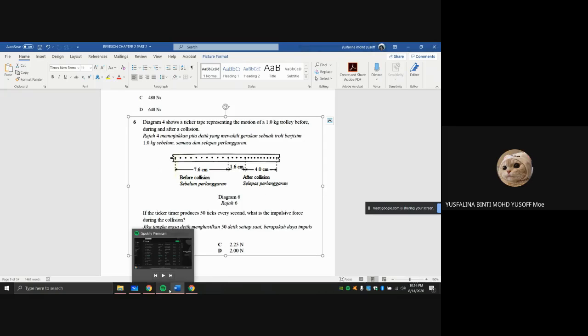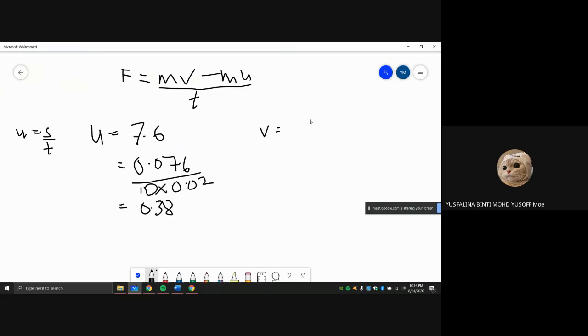Then tell me your V. Don't forget to change to meter first. 0.04, I think. The total time is 10 multiplied by 0.02, so you got 0.2. If you have a problem, then you stop and think using your mind.